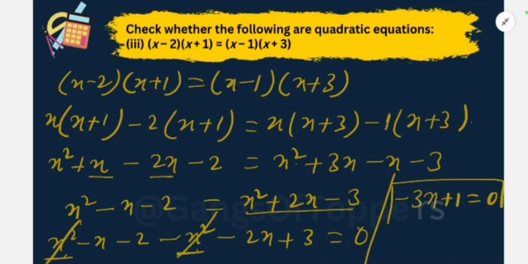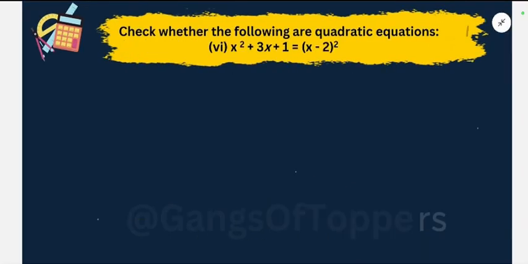Now see this equation. Here the component of x square, that is a, is missing, or we can say a is 0. And we have seen in the concept that in any quadratic equation a cannot be 0. So simply we can say that this is not a quadratic equation. Let's take another question.